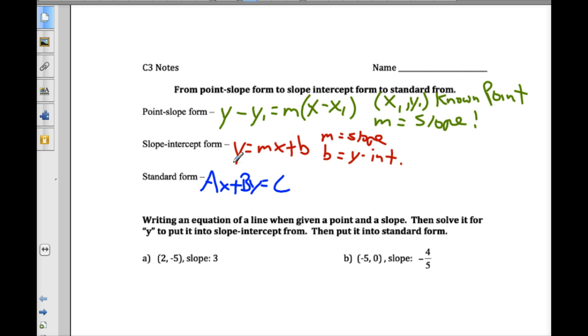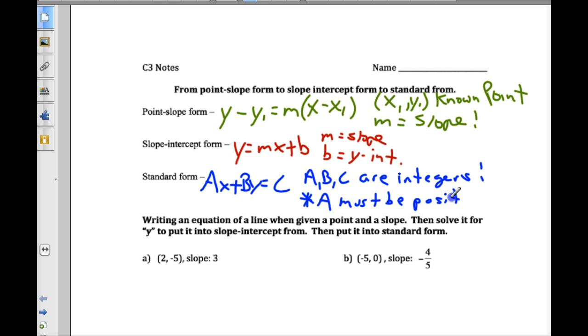They have to be integers, which means they cannot be fractions or decimals. And Natalia, what does A have to be as far as its sign? Positive. If it's negative, guys, divide both sides of the equation by -1 to change it to positive. So, first 3 questions on Thursday's test, right there.